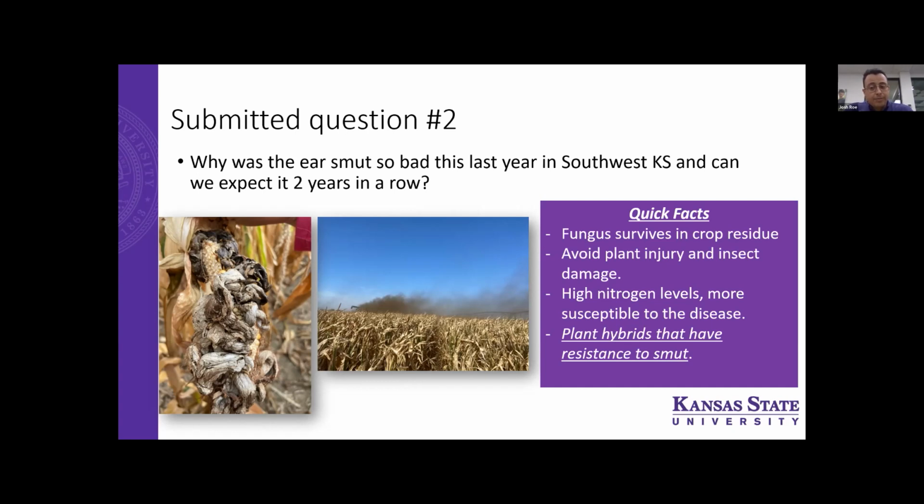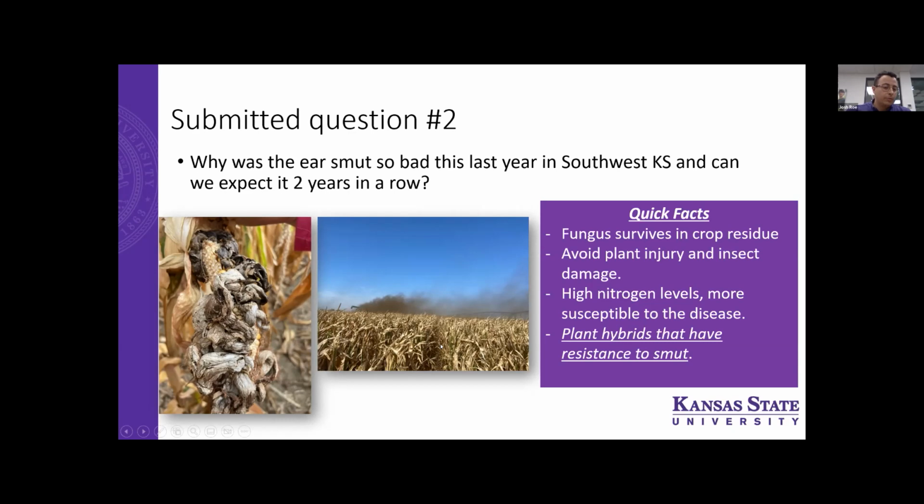High nitrogen levels will make the plants more susceptible to corn smut, just because the leaves are going to be easier for that pathogen to colonize, right? So making a good balanced fertility, making sure that you're not pushing to the extreme in circumstances where you have had a corn smut problem, would definitely help mitigate this problem.